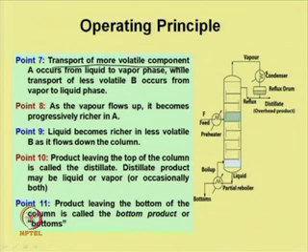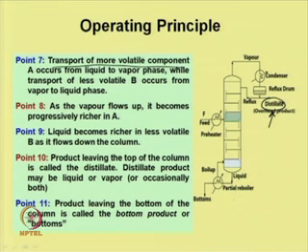As vapor goes up, it becomes richer in A, and as the liquid flows down the column, it becomes richer in component B. The product leaving at the top tray is known as the distillate or overhead product, and this product may be liquid or vapor, or sometimes both.